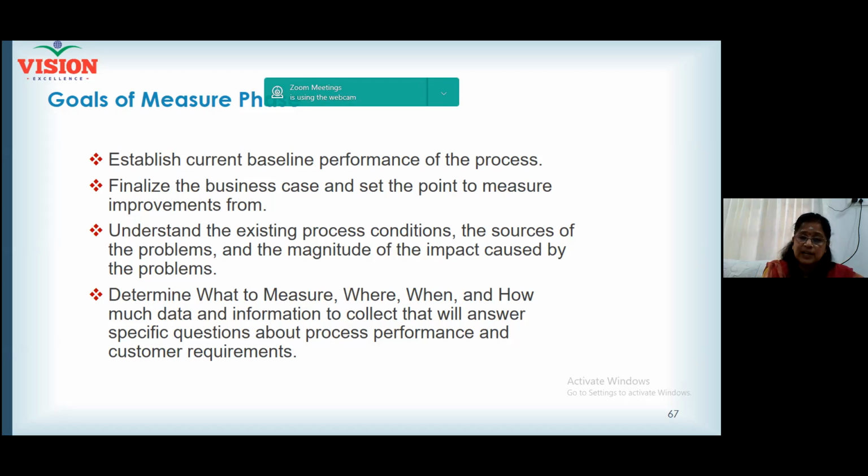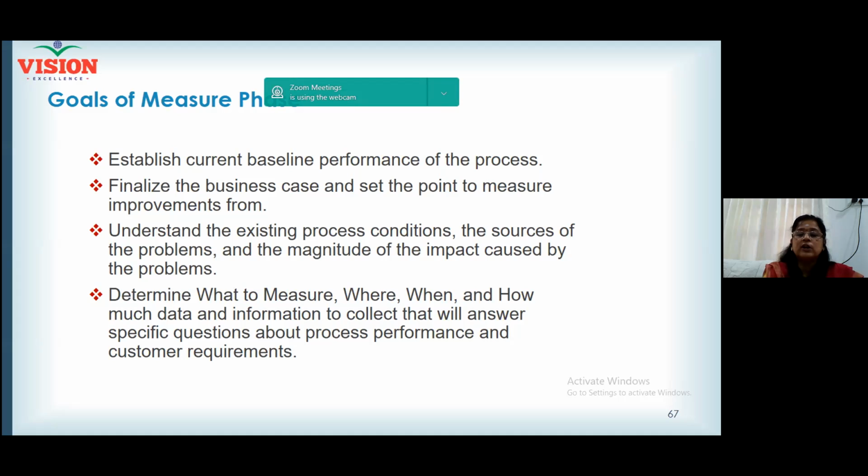Unless you collect your data properly, using your correct measurement system, you will not be in a position to analyze it properly. Your data has to become the strong backbone for all your future stages if you really want to reach the correct solution. So you have to determine what to measure, where to measure, when to measure, how much data.